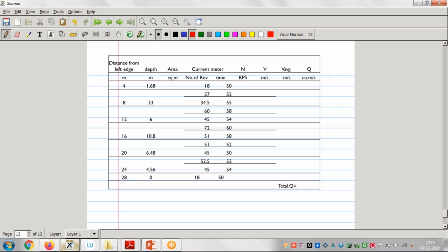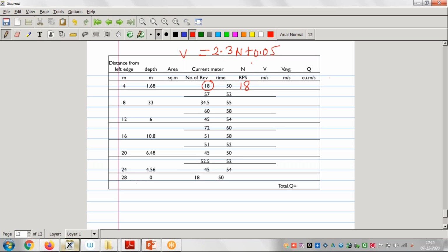Now please do here. This formula is 2.3 n plus 0.05 is equal to velocity, right? Here n is the number, n is what? 18. So here I will put 18.